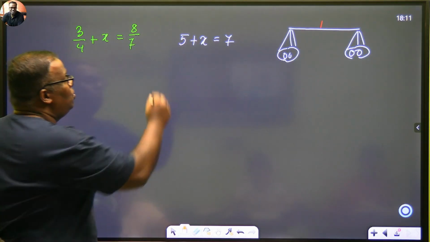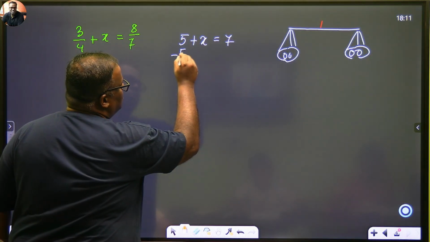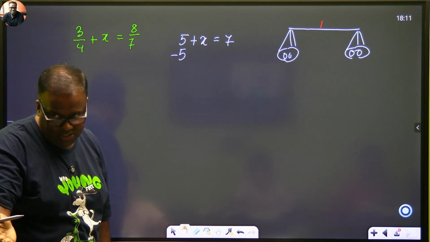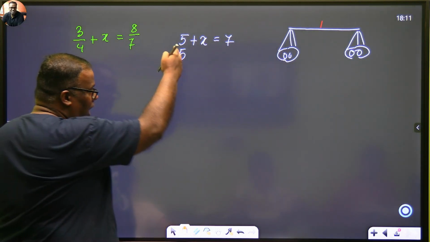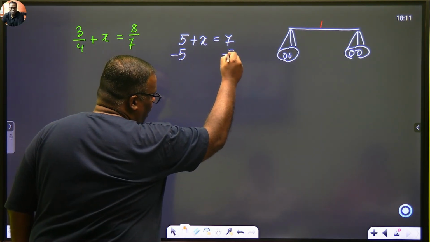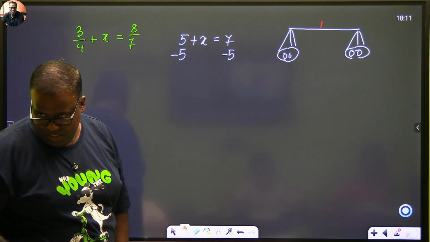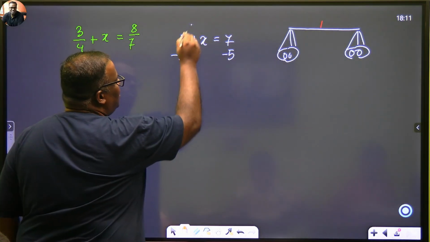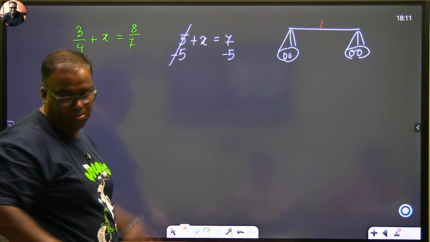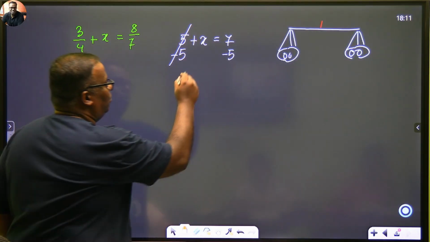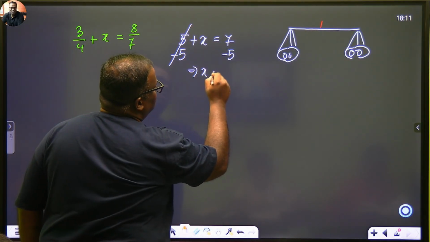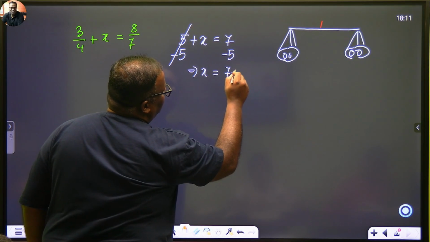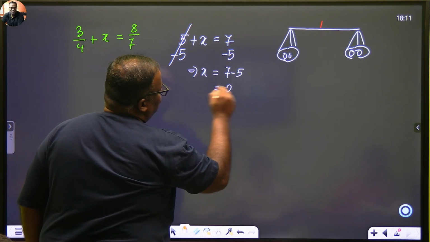So what I do, I reduce a 5 from here, just like this fellow had done. And if you do that, you need to reduce a 5 from here too. Don't you agree? Yeah. 5 and minus 5 cancels each other because 5 and minus 5 is 0. So all you have is 7 minus 5, which equals 2.